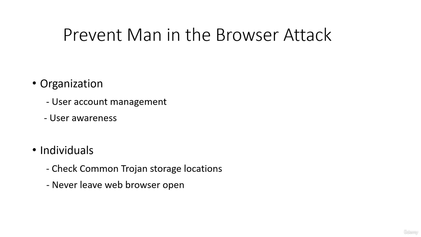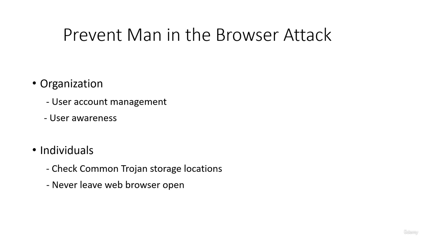So how do we prevent the man in the browser attack? I am afraid there isn't much we can do to protect against it, but that doesn't mean you cannot do anything. It's just that what you can do is relatively little.